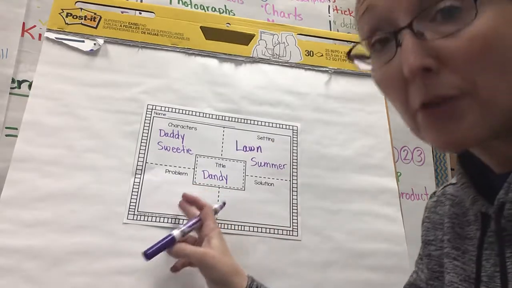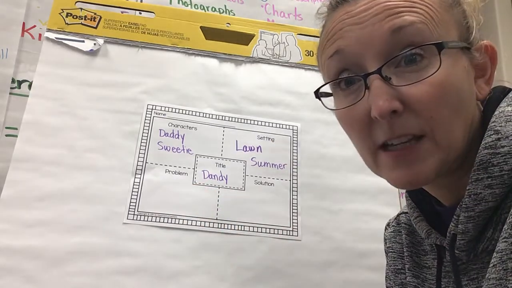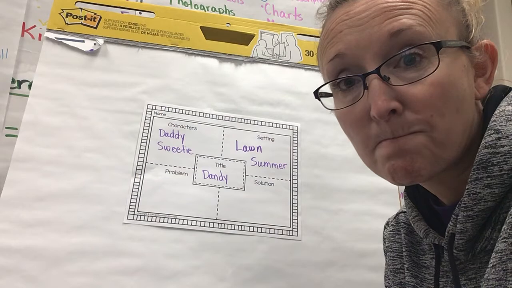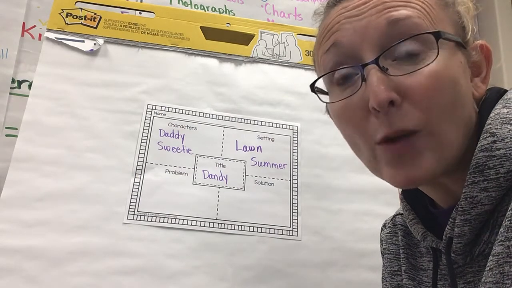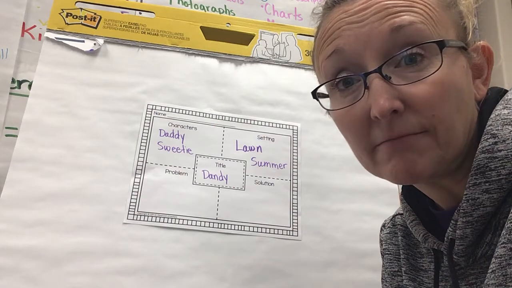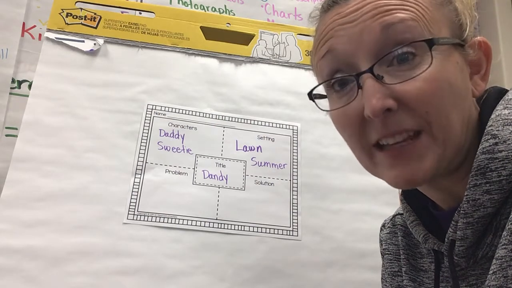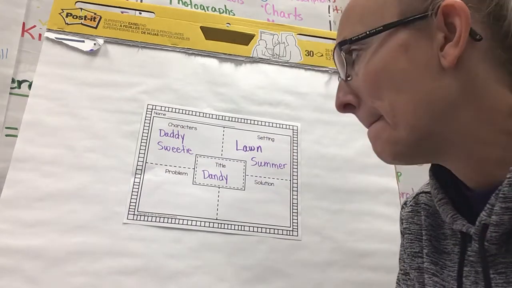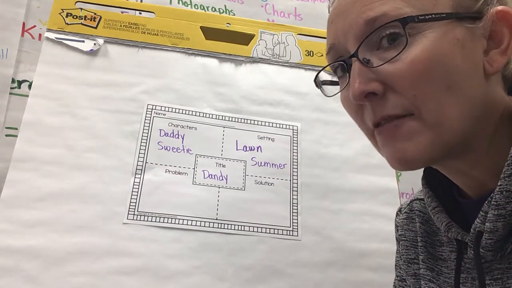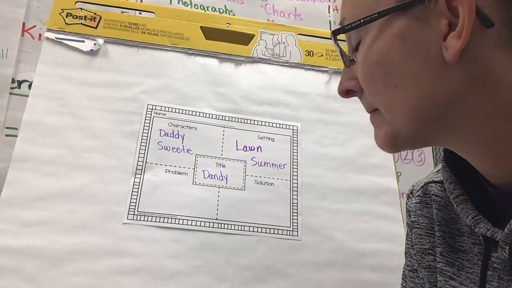Okay? The problem is what? The problem is that Sweetie likes a weed in Daddy's yard. She doesn't want him to get rid of it. And Daddy wants to get rid of it. That's a lot of words. How can I write that shorter? Let's think.